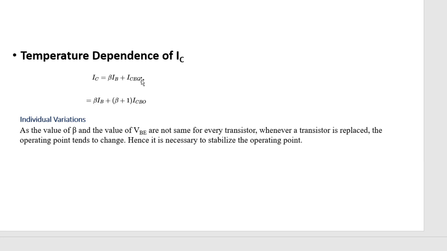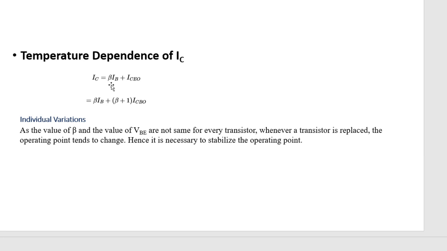So if ICEO is 10 milliampere, and there is a 10 degrees centigrade increase in the temperature, the value of ICEO gets doubled. The original value of 10 milliampere now becomes 100 milliamperes. The base emitter voltage is also temperature dependent.